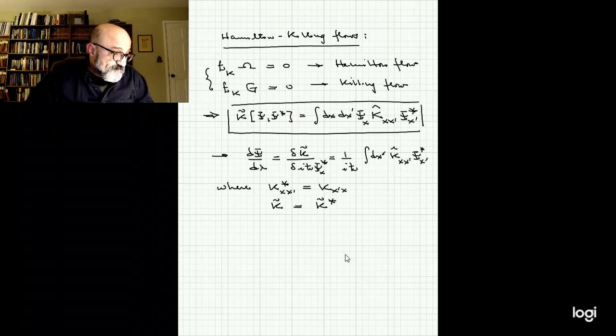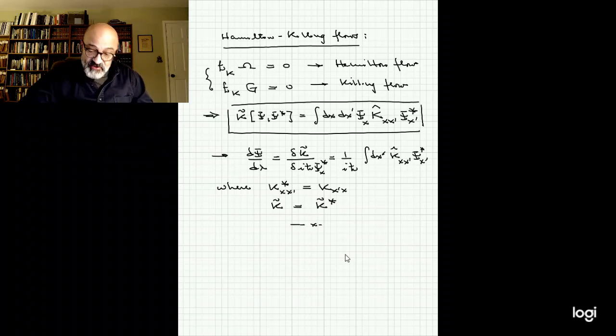We're almost done. We have the conditions for figuring out what the Hamiltonian is going to be.